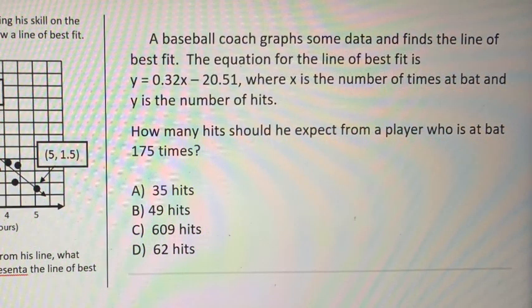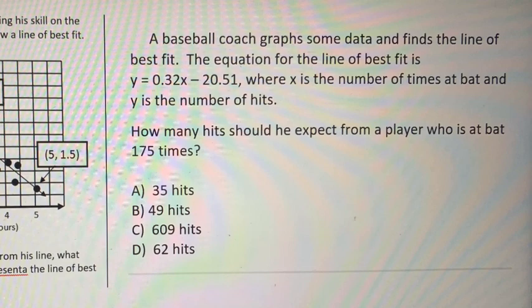A baseball coach graphs some data and finds the line of best fit. The equation for the line of best fit is y equals 0.32x minus 20.51, where x is the number of times at bat and y is the number of hits. Well, I know that they've given me the equation.